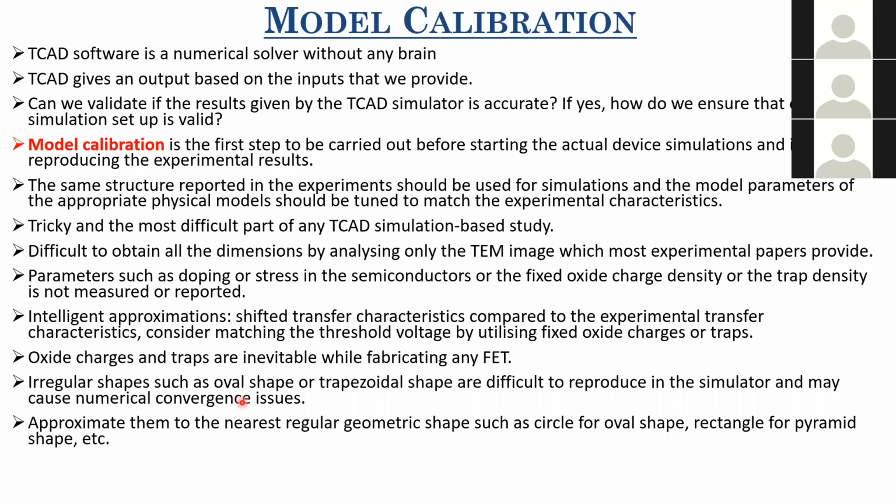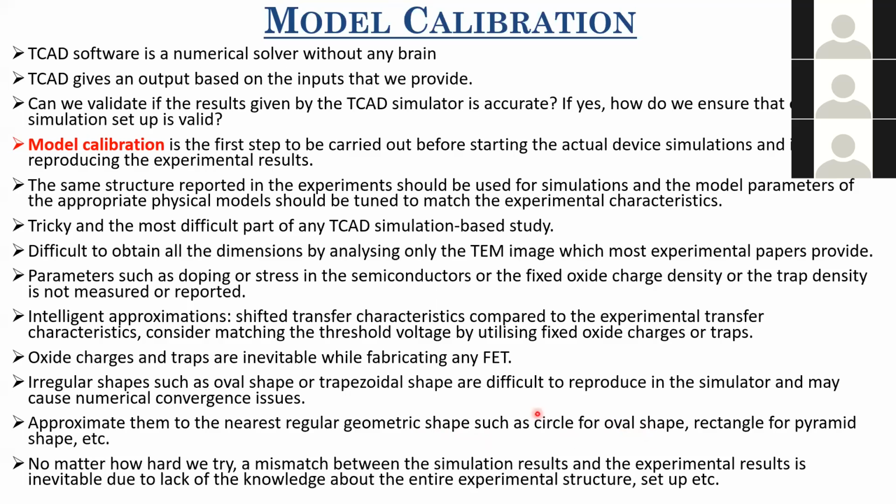Because the current coming out of any channel region or device is proportional to its area of flow, right? The area has to remain the same. So you have to choose the dimensions such that the areas are the same. At the same time, you can approximate these structures to their regular geometric shapes.